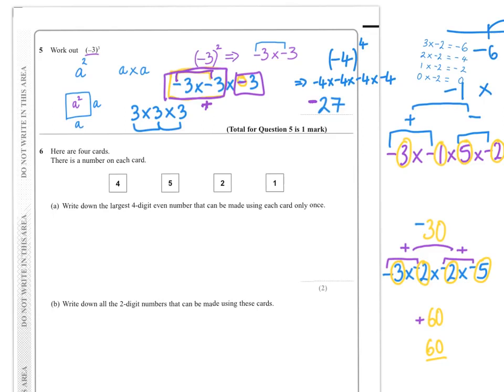So you could do the signs first. These two negatives make a positive. These two negatives make a positive. So the answer would be a positive answer. And then all you have to do is 4 times 4 times 4 times 4, which would actually be 256. And so you'll just write positive 256 or just 256.